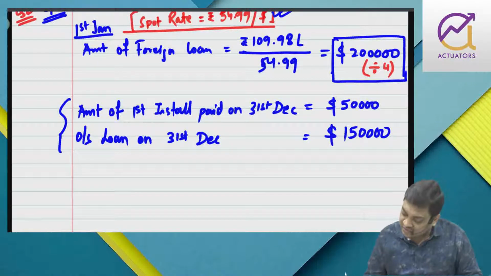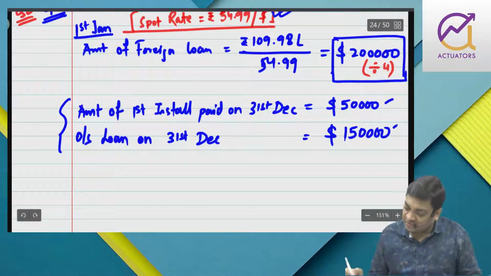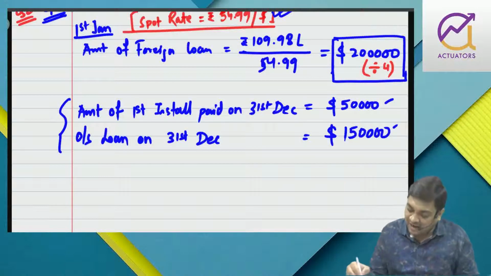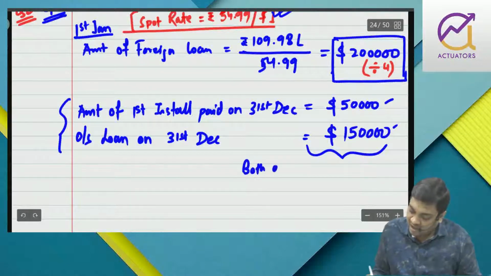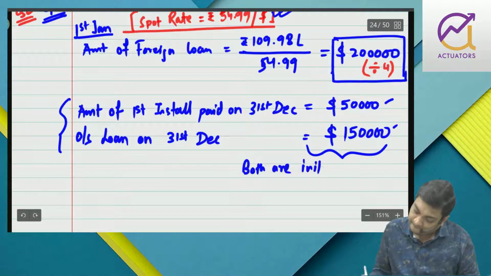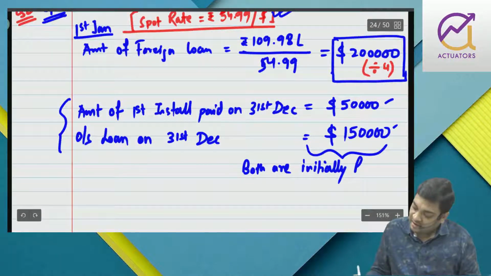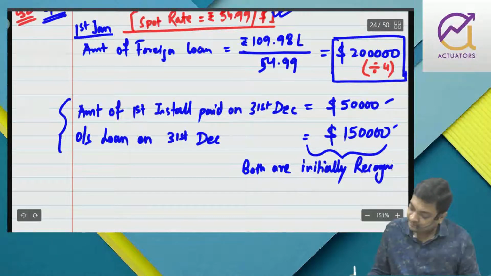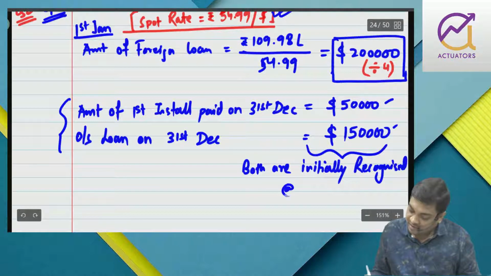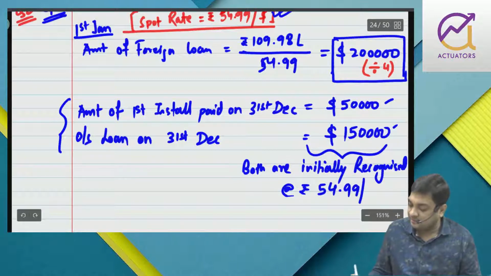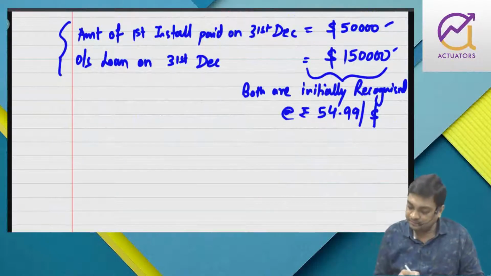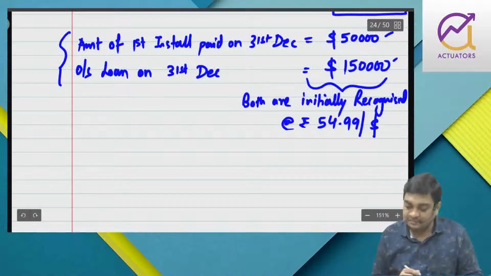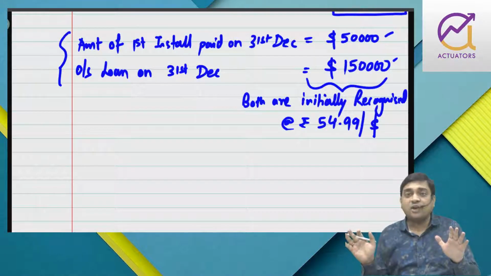Now both this 50 and 150, total 2 lakh, are initially recognized at the rate of rupees 54.99 per dollar. Right? I guess it's absolutely fine with all of you.